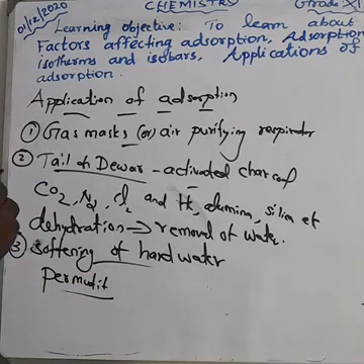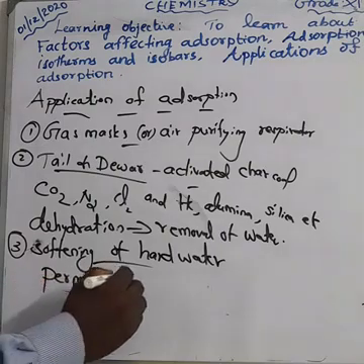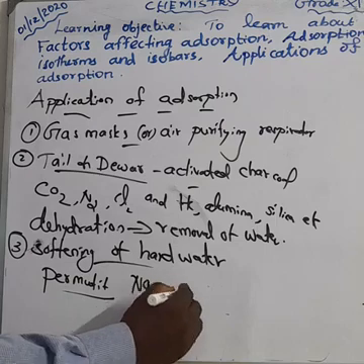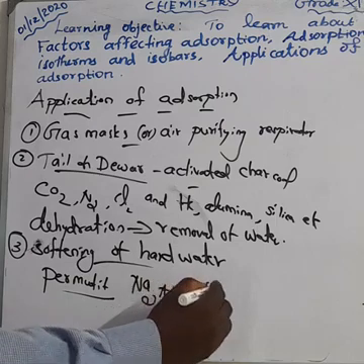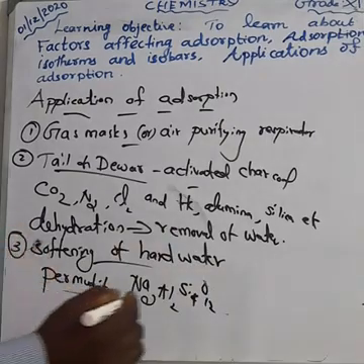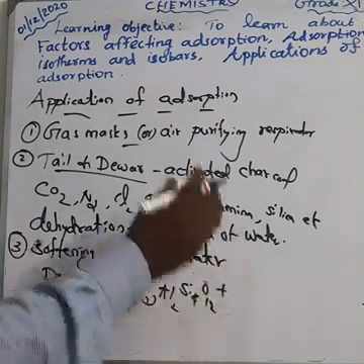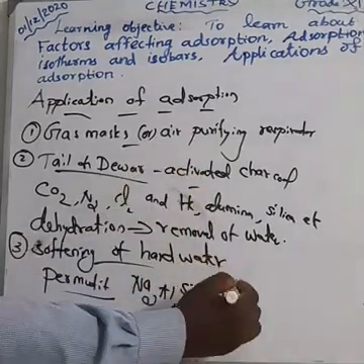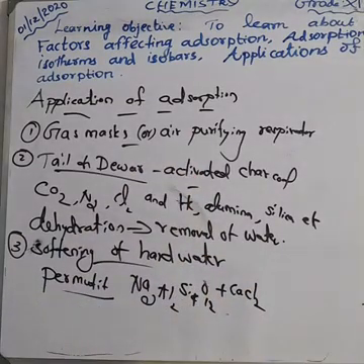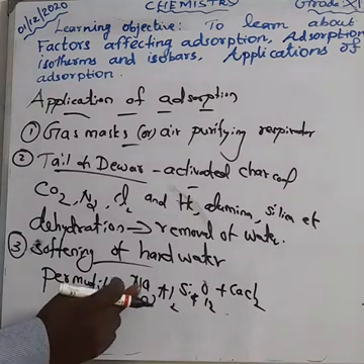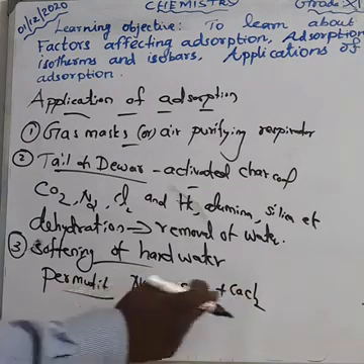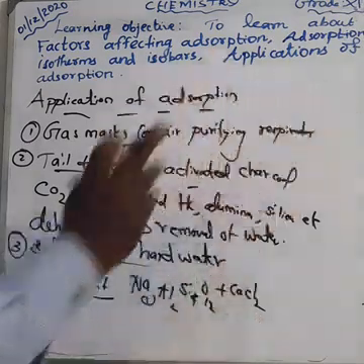Here we are taking permutit, whose formula is Na2Al2Si4O12. This reacts with, for example, calcium chloride, CaCl2, one of the hard water salts. What is happening here? The sodium ion combines with the chloride ions, and we get sodium chloride.